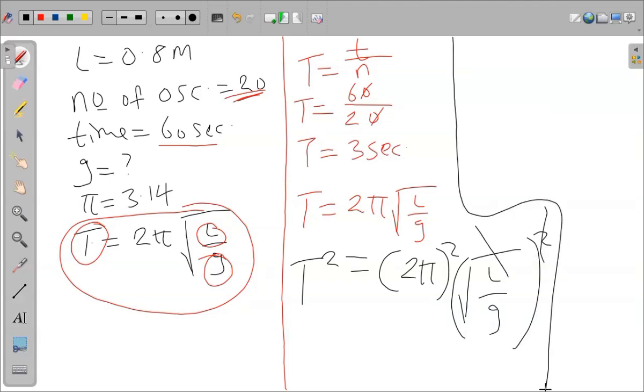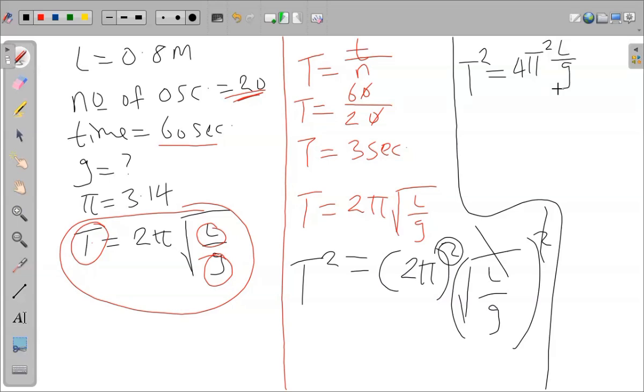So what I'm going to have remaining here is T squared equal to 4 pi squared L over g. After squaring both sides, that is what I'm going to have.